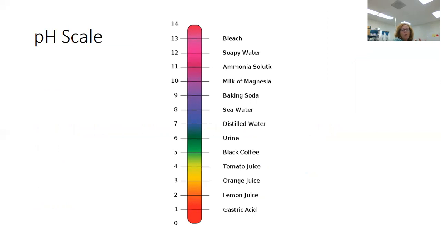So battery acid, sulfuric acid, those are all down on the scale. Like they're way down here between the 1 and the 4. So there is acidic as tomato juice, orange juice, lemon juice, and gastric acid. But these are more of a weak acid.